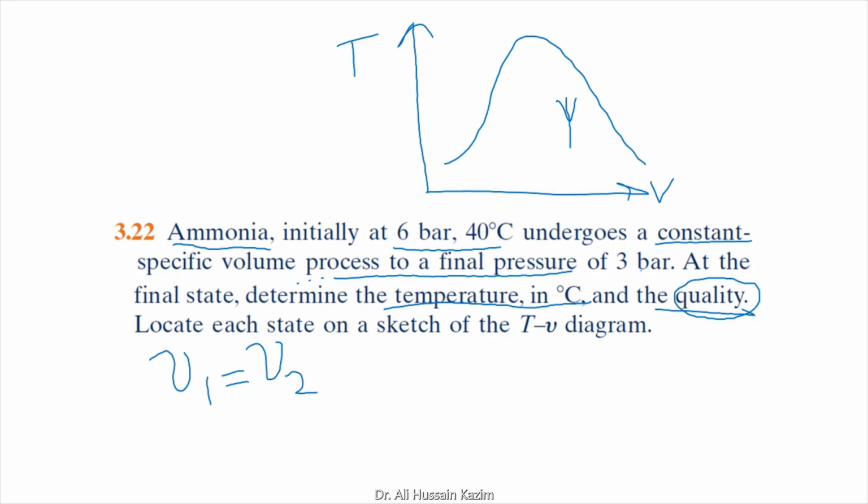So 6 bar and 40 degrees Celsius. Let's go to the tables again, refrigerant ammonia. Table 950 is a superheated ammonia table.